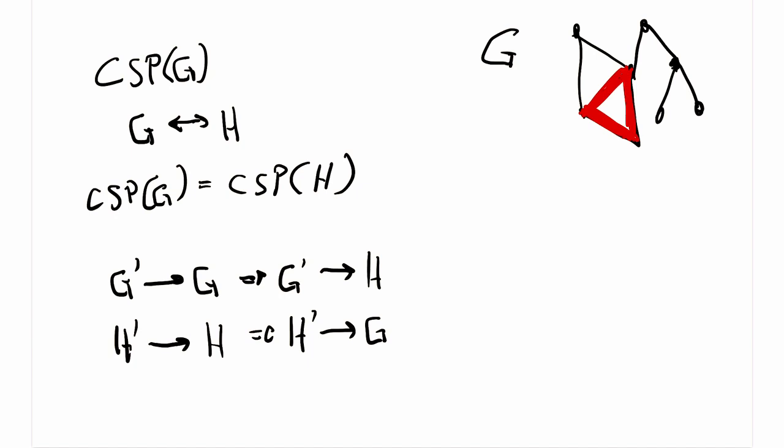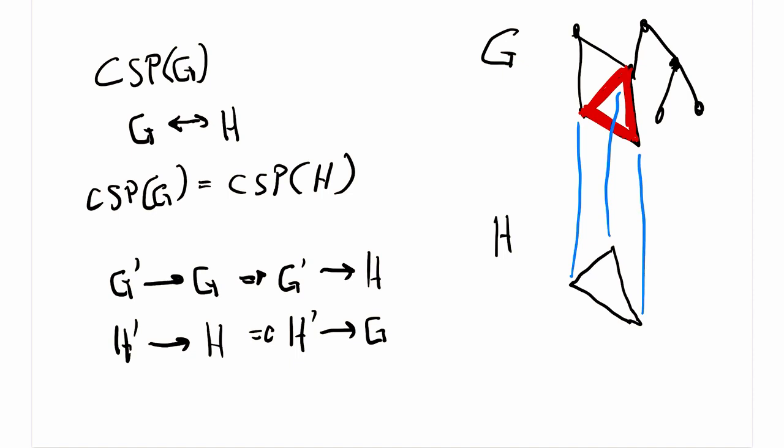In our example, you might already guess a graph which is familiar to you and homomorphically equivalent to G and simpler. How do we map H, which is a black triangle in this picture, to G, which contains a red triangle? Well, we simply map the black triangle to the red triangle. In the opposite direction, it's more interesting. We start by mapping the red triangle into the black triangle, and now we have to extend this map to the other vertices of G. And it's easy to see that we can do that here.